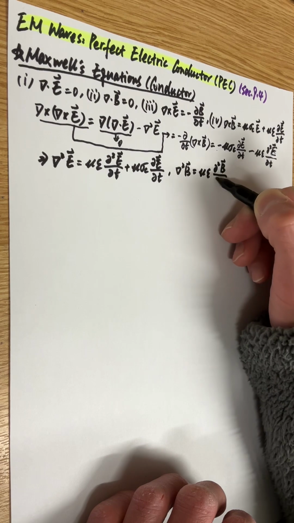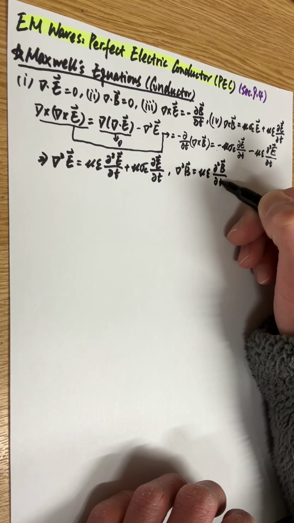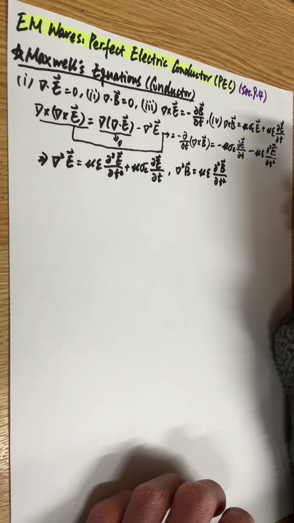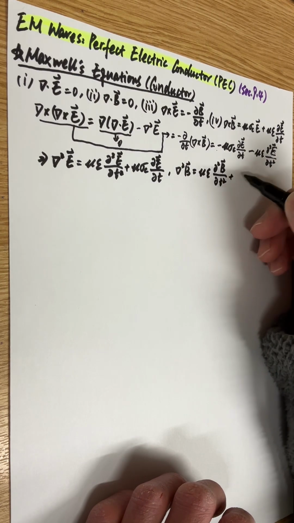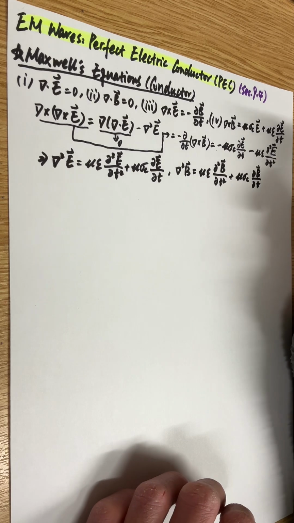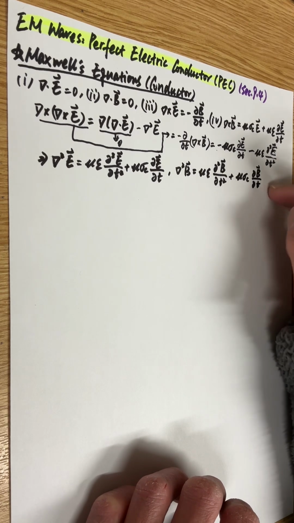second derivative of B with respect to time, plus mu conductivity dB/dt. So this doesn't comply with the wave equation anymore.